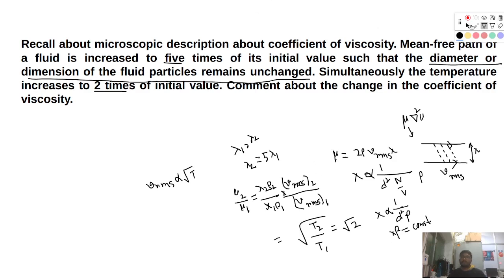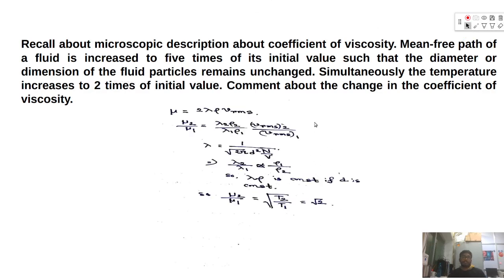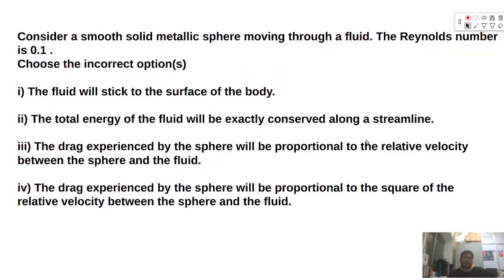So if we go to the next question, this is just the solution I am telling. Now the next question is: consider a smooth solid metallic sphere moving through a fluid. Now the Reynolds number is 0.1. First of all, let us recall what the Reynolds number is.